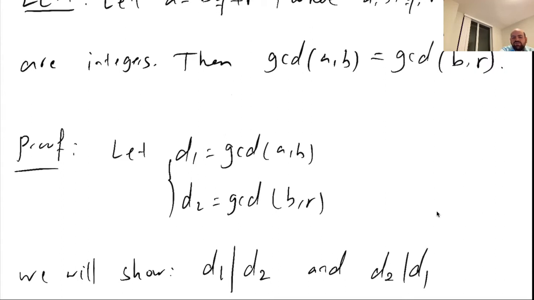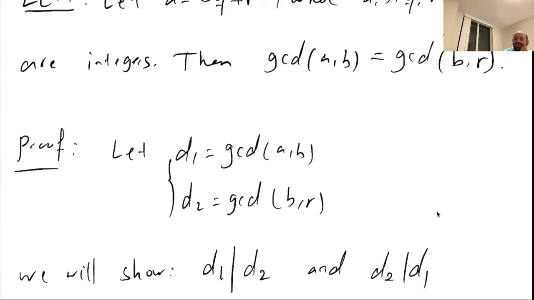In set theory, if you want to show that two sets are equal, say set A equals set B, how would you do that? You would show that A is a subset of B and B is a subset of A. Similarly in number theory, if you want to show that two numbers are equal, and both numbers are positive, one way is to show that D1, the first number, divides the second number, and the second number divides the first number.